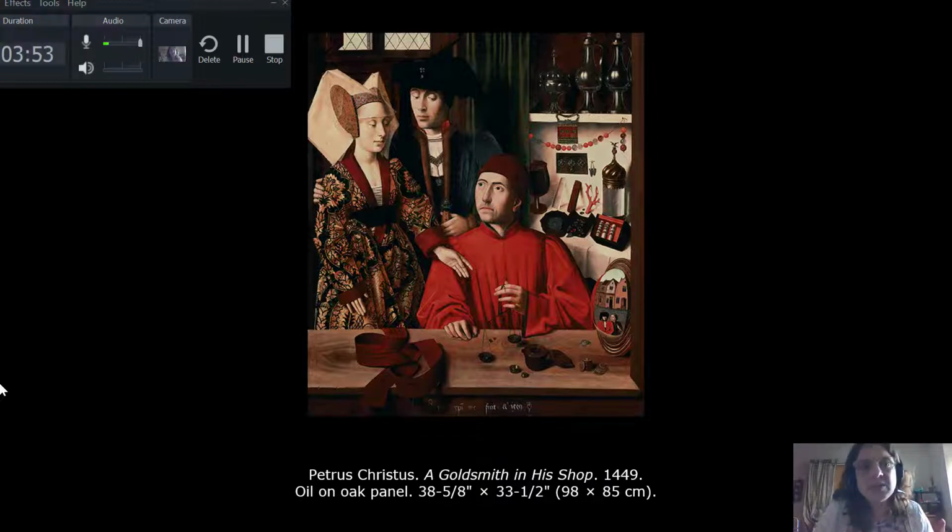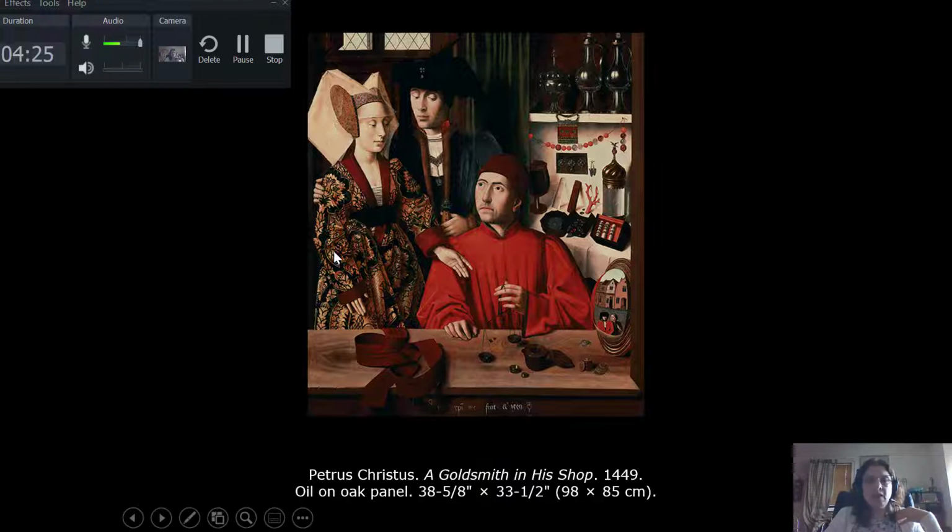And this is our first painting where we really have like a believable setting in a shop, a commerce kind of district. And when we're looking at this, people would have at this time been a goldsmith. So he has this young couple who has come to visit him in his shop, and they're very wealthy.